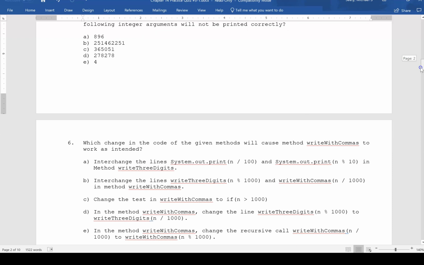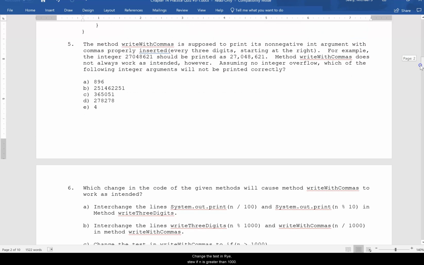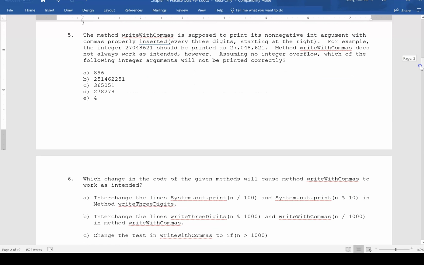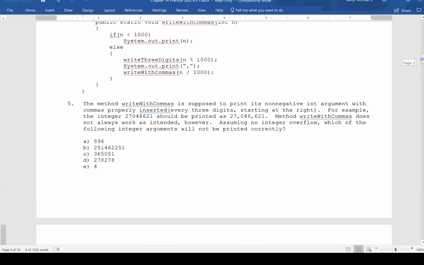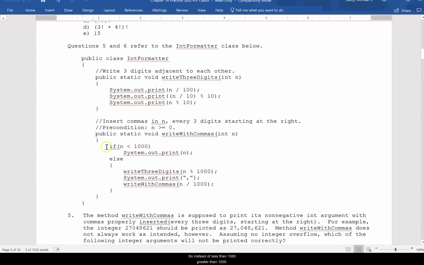actually let's do, the answer is B, but let's kind of go through some of these. C, change the test in write with commas to if n is greater than 1,000. So instead of less than 1,000, it'd be greater than 1,000.